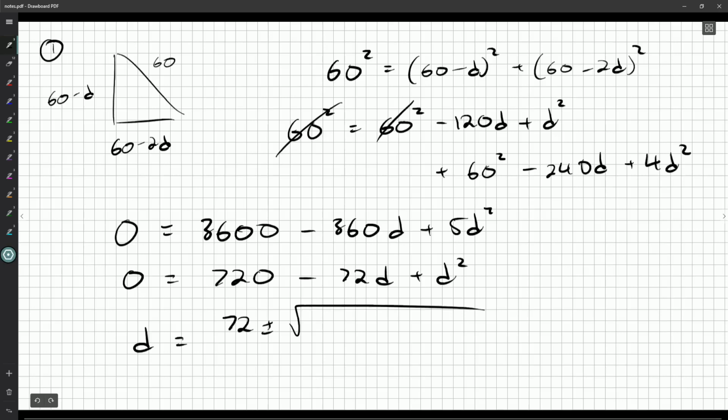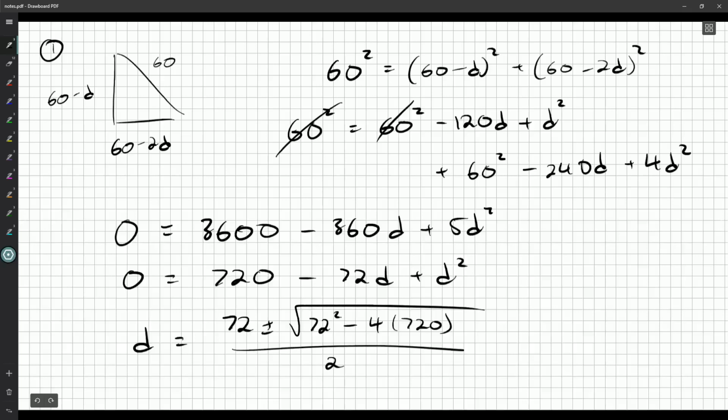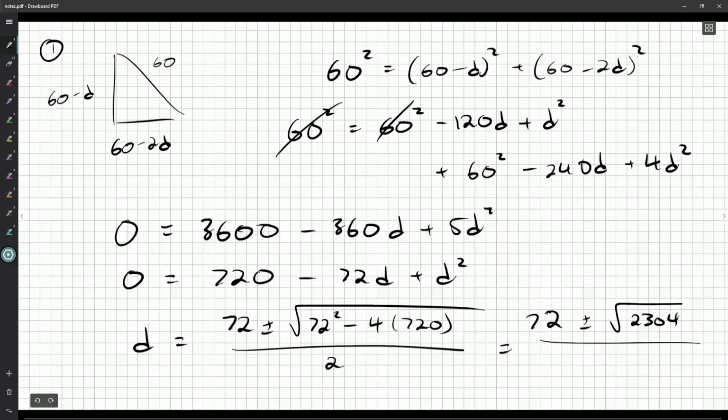72 plus or minus the square root of 72 squared minus 4 times 720, all over 2. Alright, 72 squared minus 4 times 720. Ooh, that's actually, so that's 23 squared, I think. No, it couldn't be 23 squared.